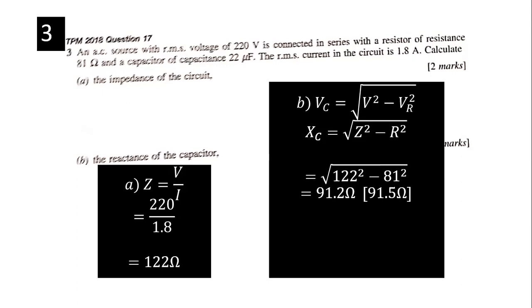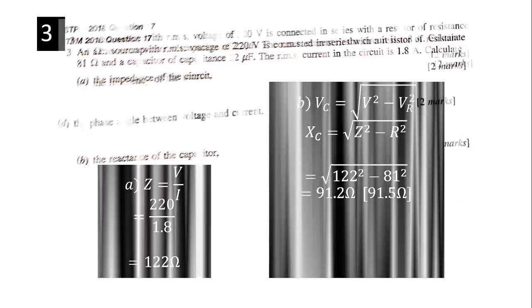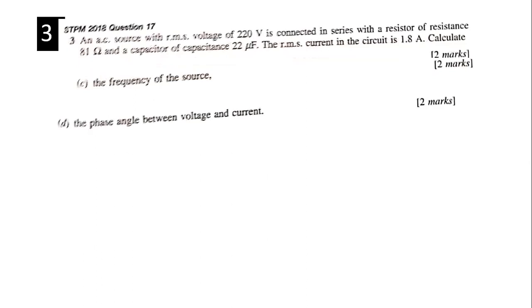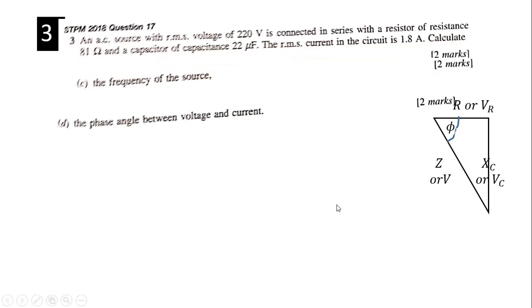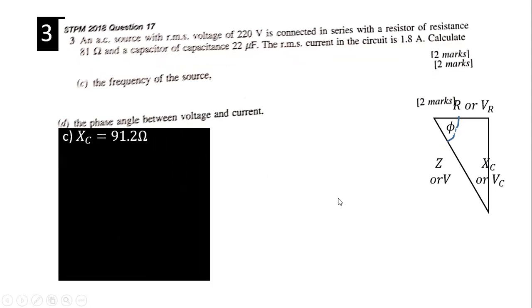Okay, any comment? If not, let's go to part C. Frequency of the source. That's your R or VR, that's your reactance for capacitor or VC, that's your Z or V. We are just using it backwards.